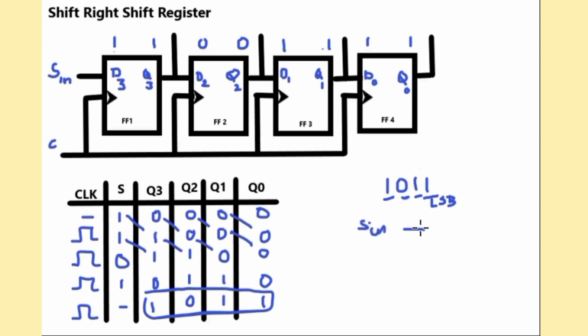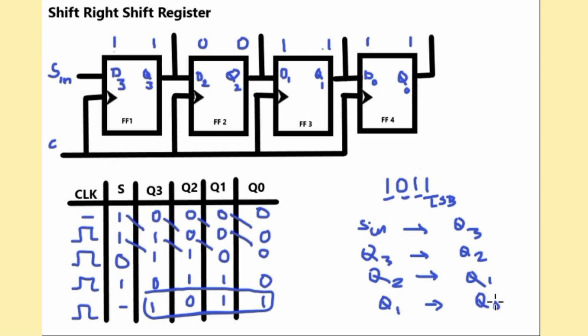In general, the serial input is shifted to Q3, Q3 is shifted to Q2, Q2 is shifted to Q1 and Q1 is shifted to Q0, and Q0 moves out and vanishes.